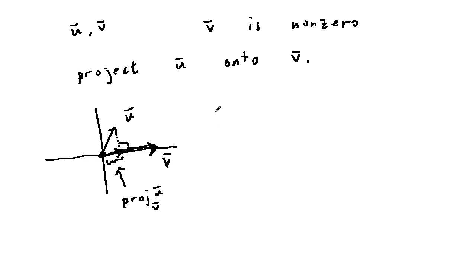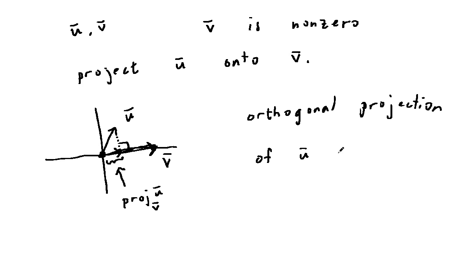Think of u being smashed down to v. u is being smashed down to this vector v, and that resulting vector is called the orthogonal projection of u onto v.